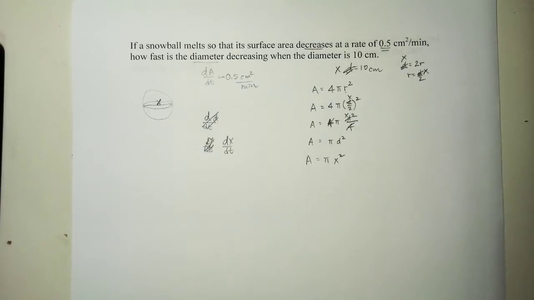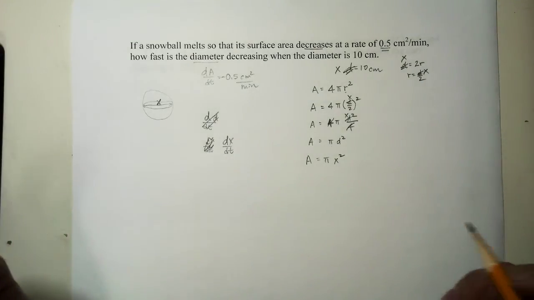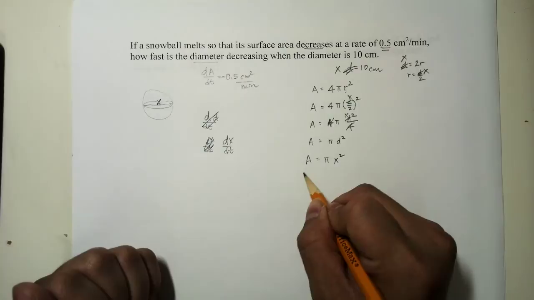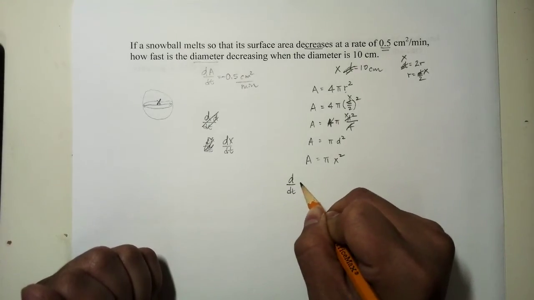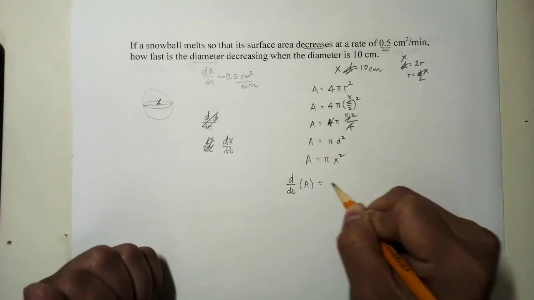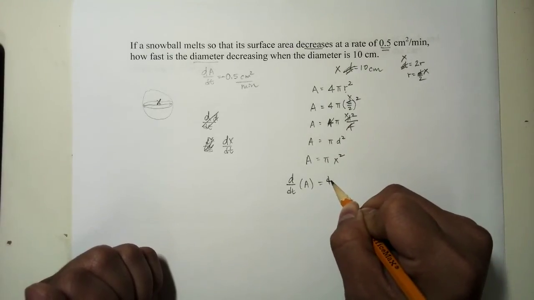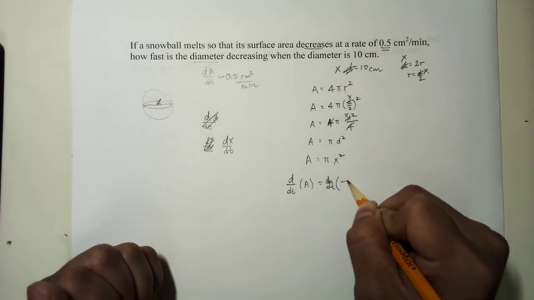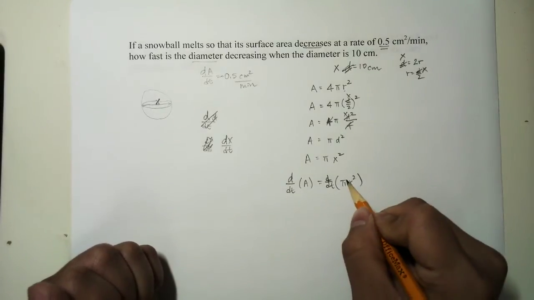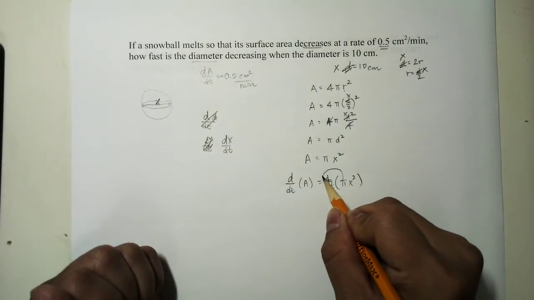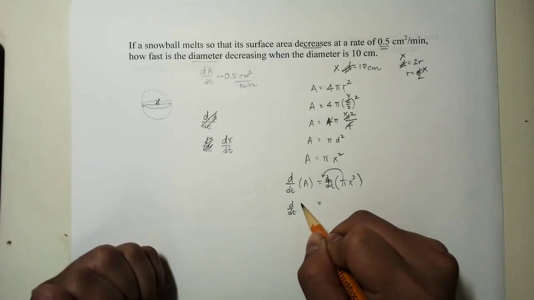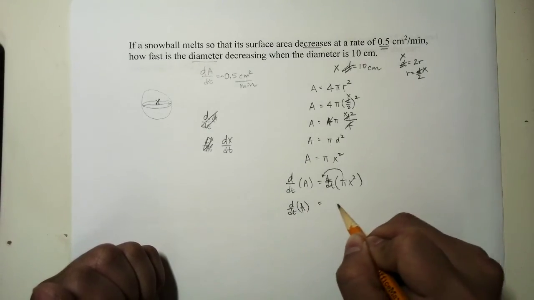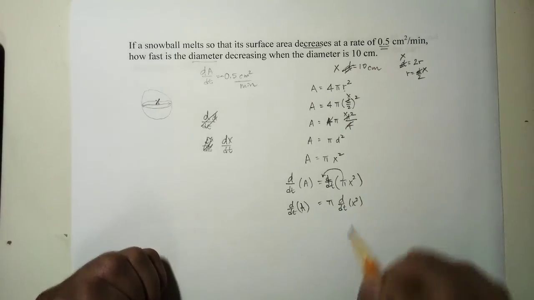Okay, so we will go ahead and differentiate this with respect to time. So we have d/dt of pi x squared. Pi is just a number, we can move it up front, and so we have d/dt of A equals pi times d/dt of x squared.